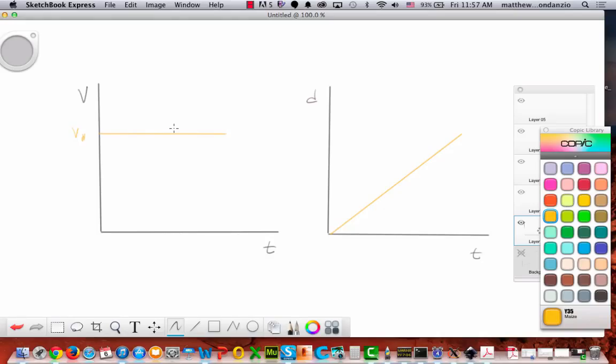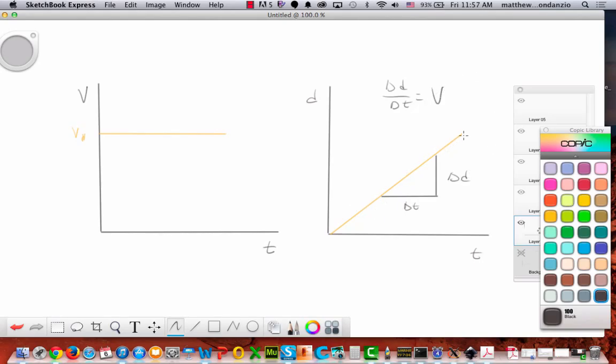Look, different: distance in time, velocity in time. I had a slope here, right? My slope is delta distance over delta time. What's delta distance over delta time? Velocity.